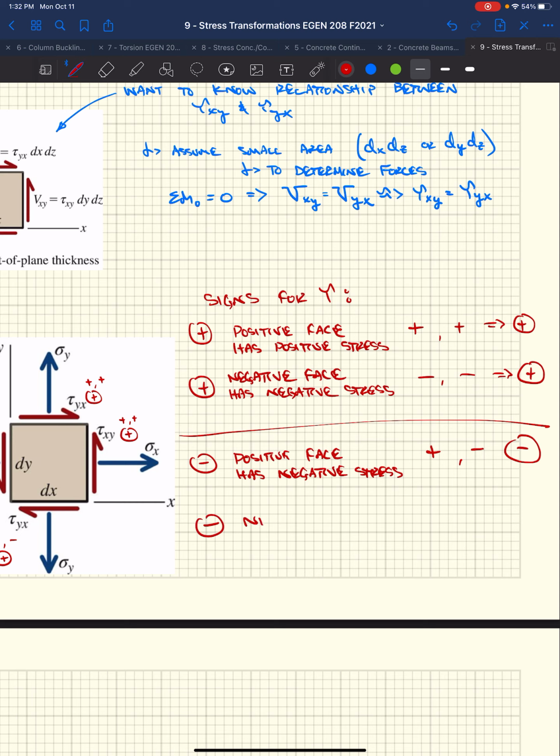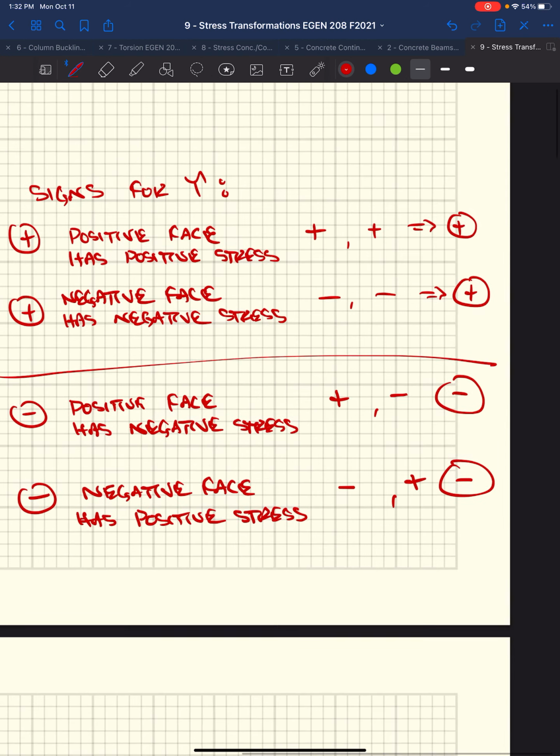Maybe we have a negative face that has positive stress on it. So negative face, positive stress, we have ourselves a negative, right?